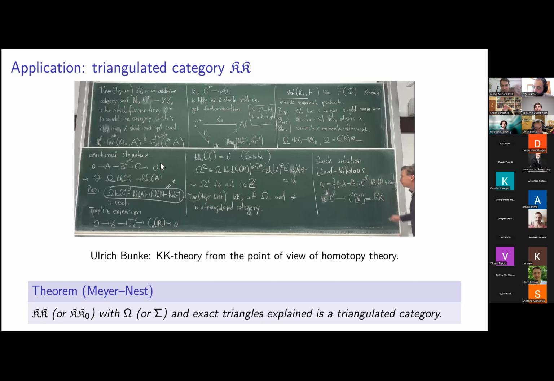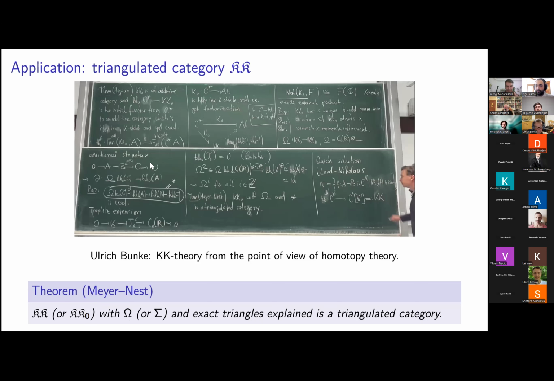I just want to remind you the snapshot. It was explained that this is a triangulated category. So we had a concrete example of a triangulated category, namely KK naught. But whatever was called KK naught in this talk, I'm going to call it KK, because if you drag around this zero long enough, you see that it really clutters things, especially when you have to add the degrees and stuff. So I just call it KK.